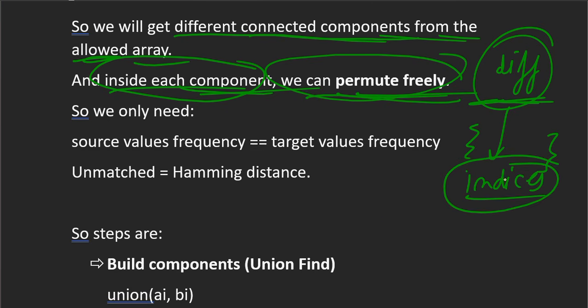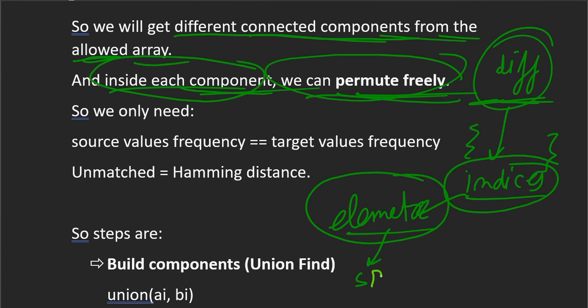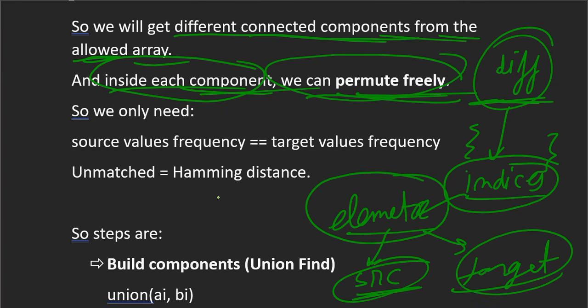So if we take the elements present at those indexes in the source, and the elements present at the same indexes in the target, and if their frequencies are the same, that means we can freely swap these elements.